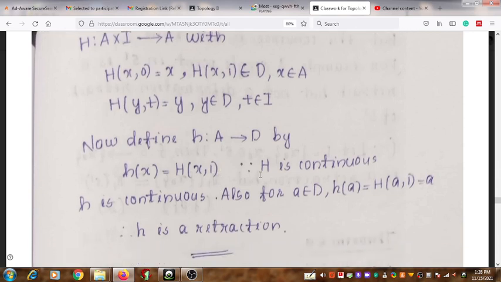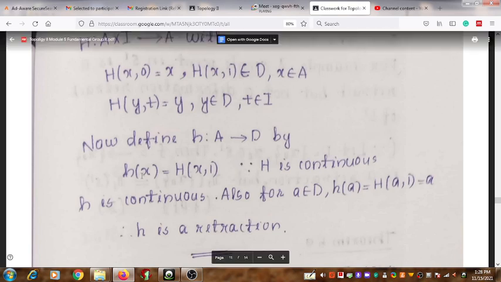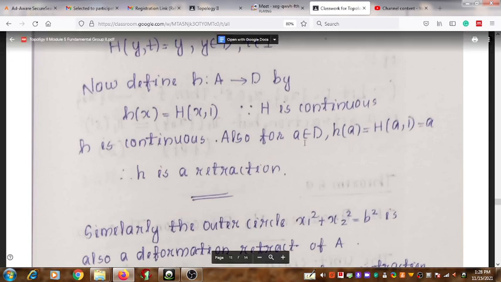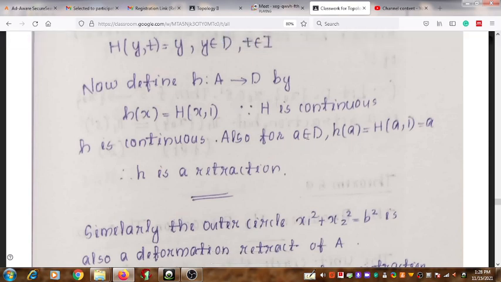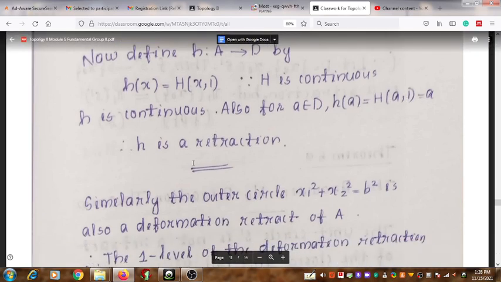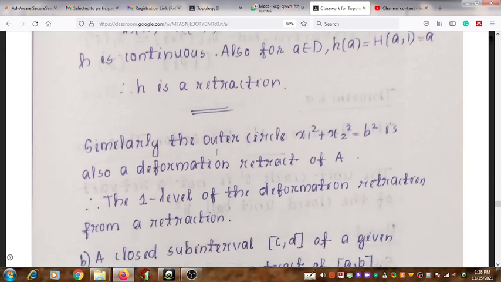Since H is continuous, small h is also continuous. Also for a in D, h(a) equals H(a,1) equals a, and therefore h is the required retraction.